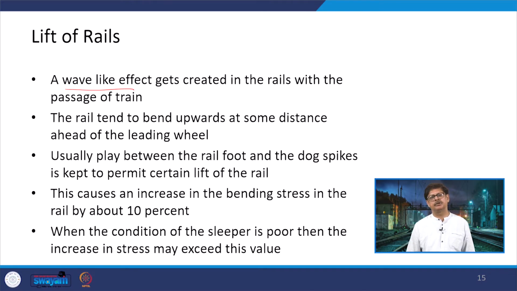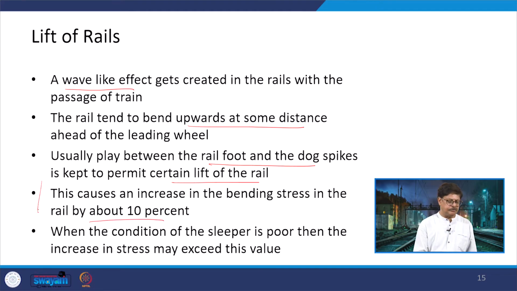It may happen because there is loosening between the rail and the sleeper, but if they are tightened, then it also creates a stress, a negative stress, and this is what we have already talked about. The rail tends to bend upwards at some distance ahead of the leading wheel, and usually there is a play between the rail foot and the dog spike, which permits the lift of the rail up to a certain value only, and it causes an increase in the bending stresses by 10%.